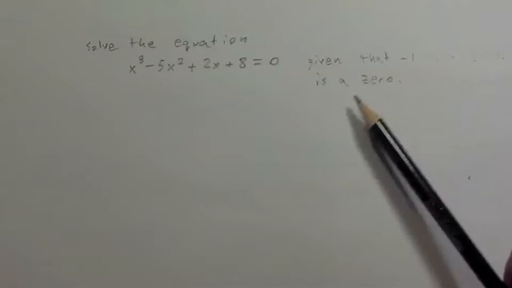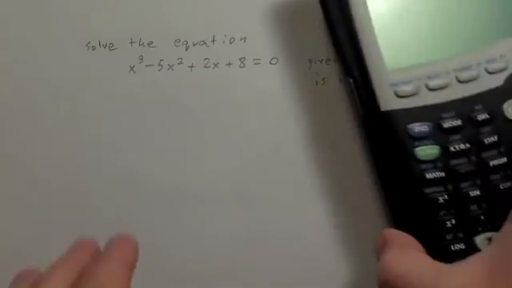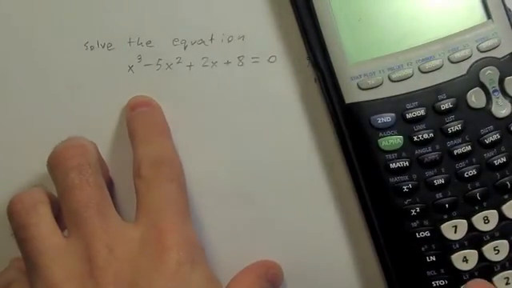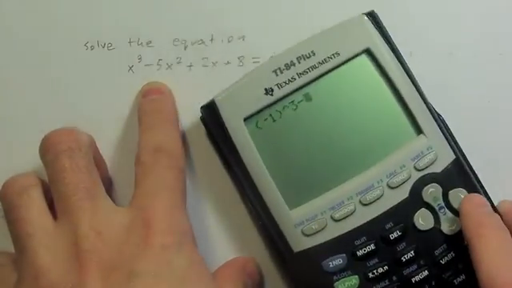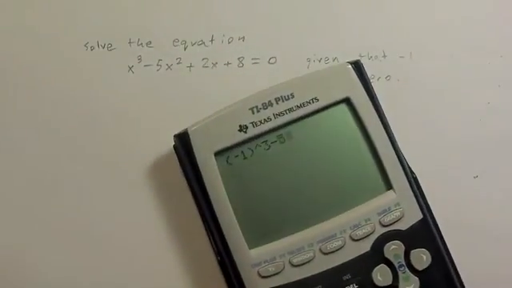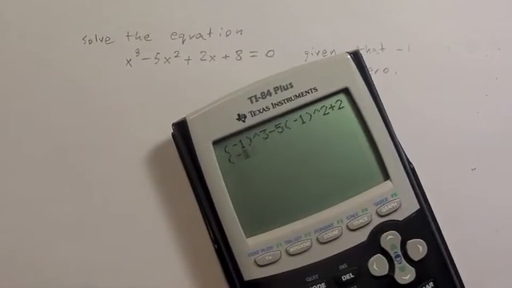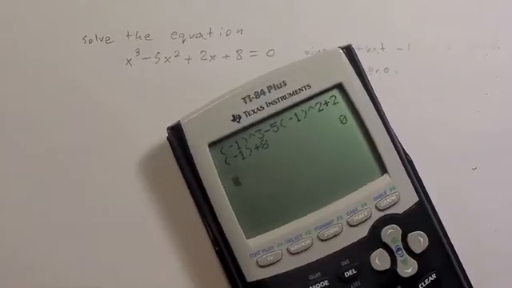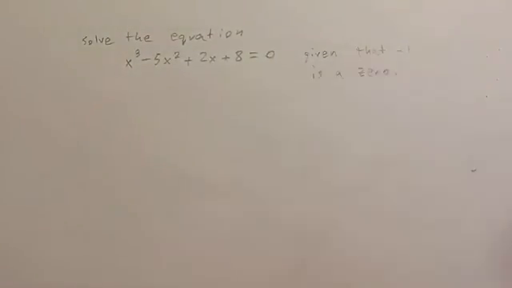Suppose I know that -1 is a solution. We can check that by plugging it in: -1 cubed minus 5 times -1 squared plus 2 times -1 plus 8. And yes, when we plug in -1, we do get 0.